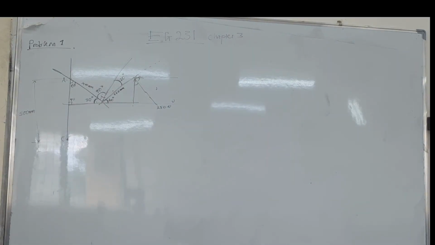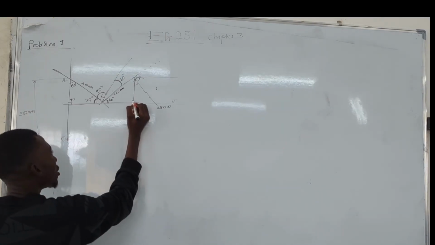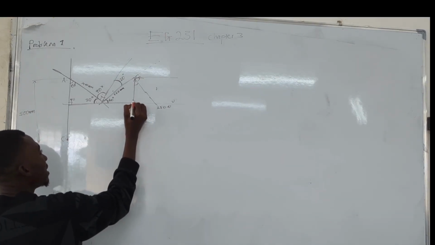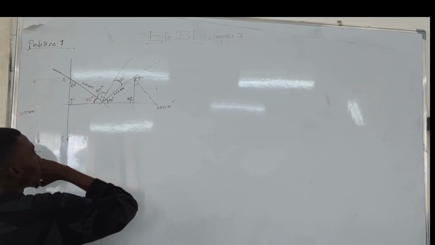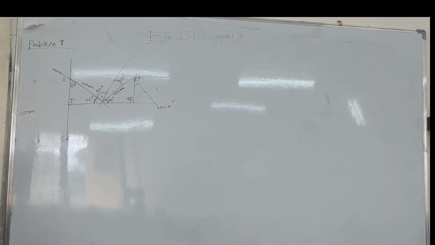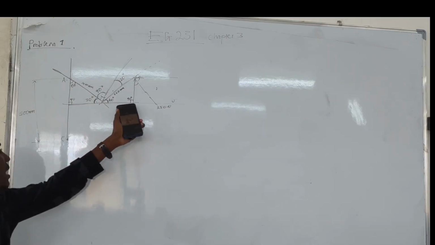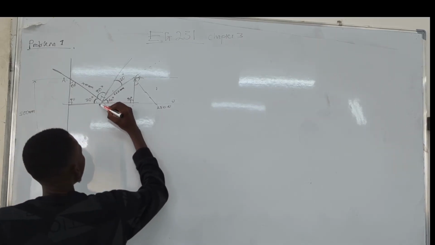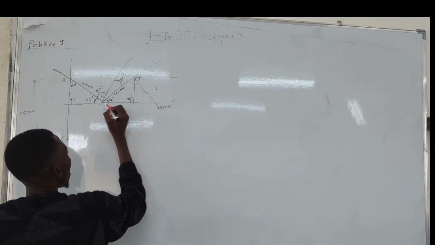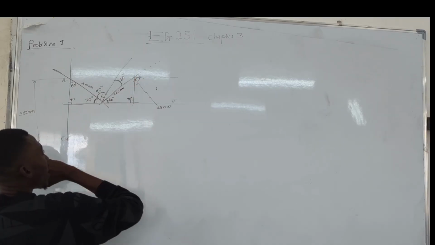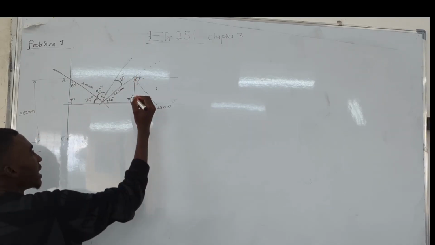Then, as you can see, here it is making a perpendicular, and a perpendicular adds up to 90. So there is 90 degrees there. Since there is 90 degrees, this is a triangle, and a triangle adds up to 180 degrees.